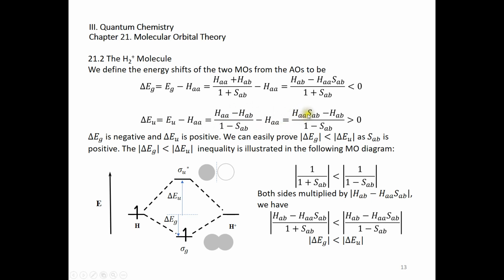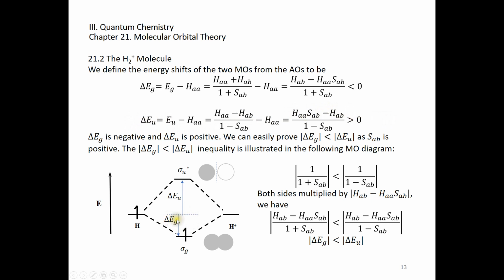We get H_AA times S_AB minus H_AB over 1 minus S_AB. This is greater than 0. In this fraction, the denominator is greater than 0, since S_AB is between 0 and 1. So on the bottom you have a positive value, and on top you also have a positive value. That's why delta E sub U is greater than 0.